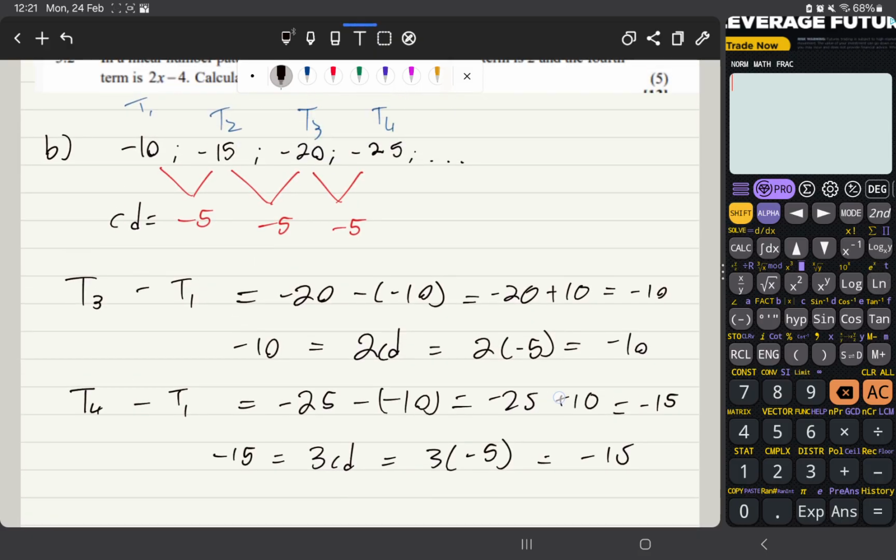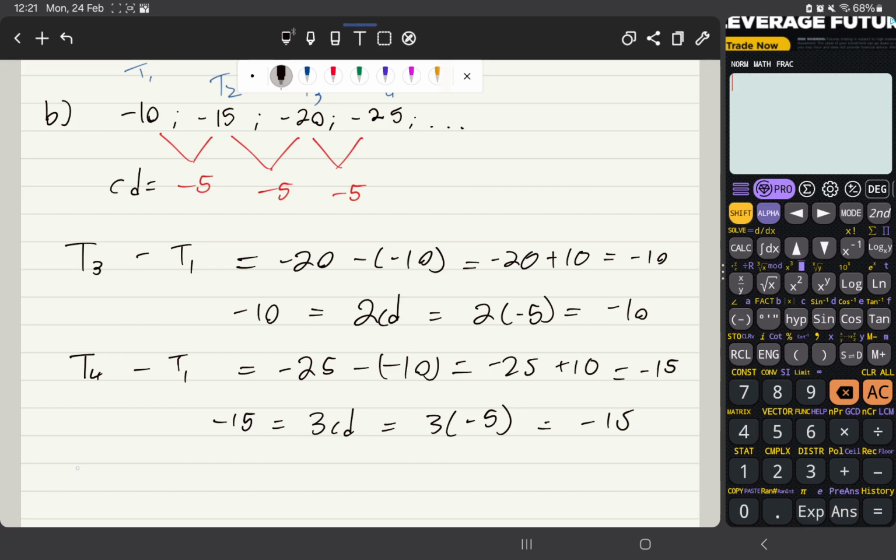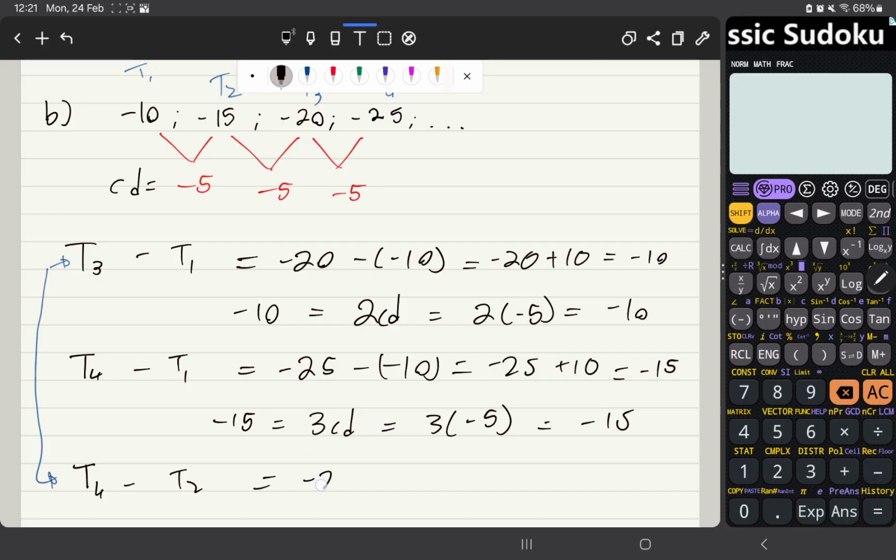Let us do something else again. Let's say T4 minus T2. This one is going to be similar to the first one, and these two are going to be similar. Let's see how. T4 is minus 25, minus minus 15, that is minus 25 plus 15.